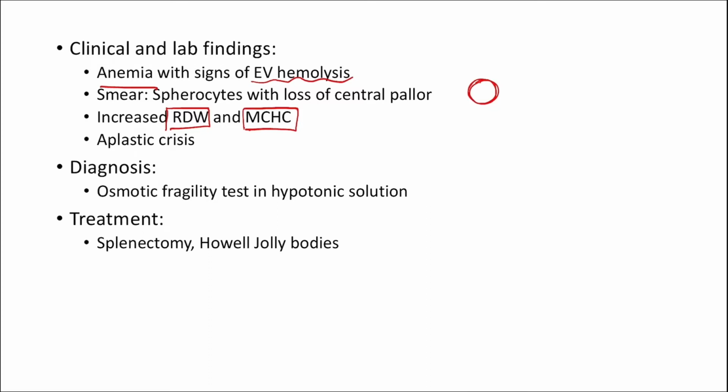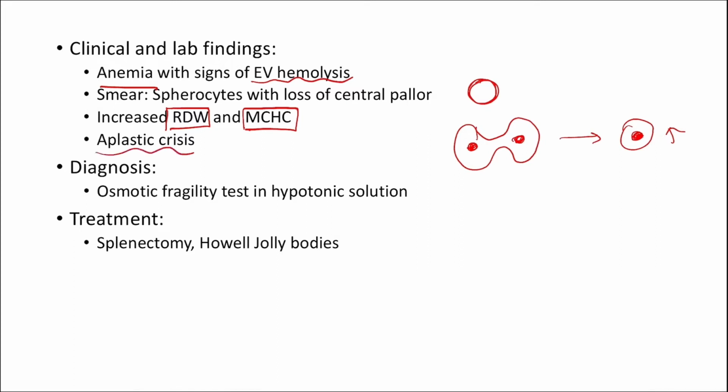On the other hand, what happens with the concentration of the hemoglobin is that as the cell loses its ability to be discoid and it also reduces in size, the concentration of hemoglobin inside would therefore increase.